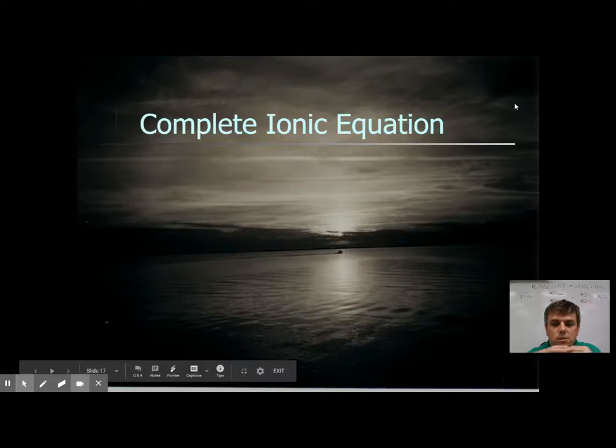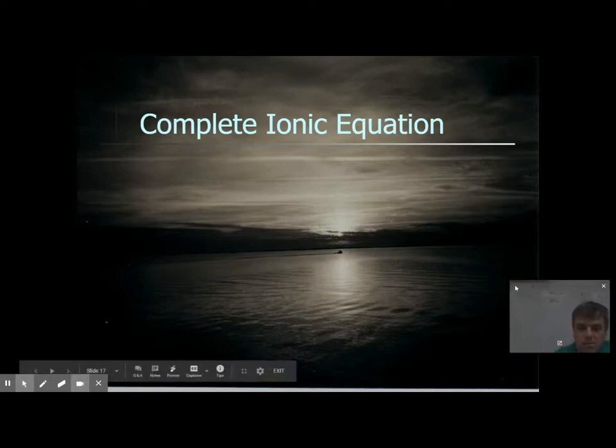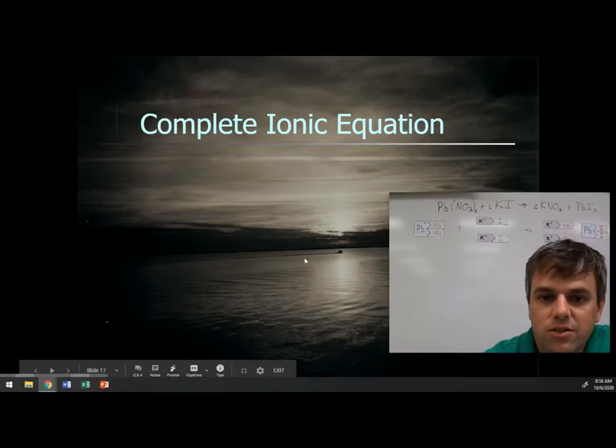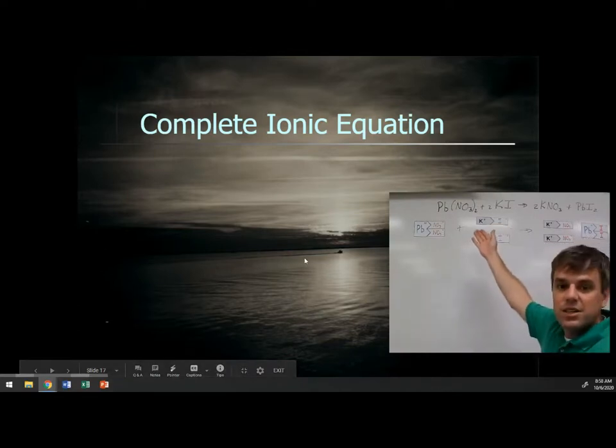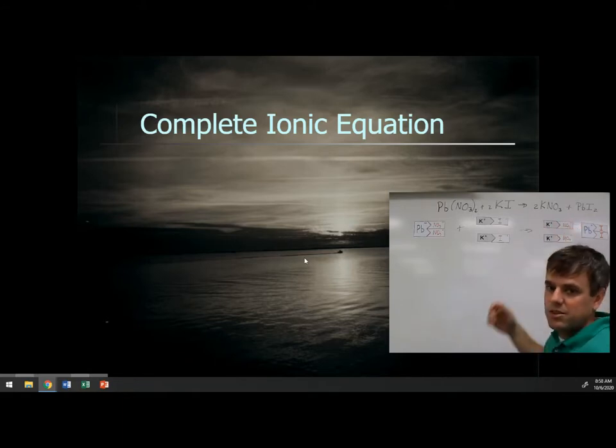Today, we're going to talk about net ionic equations. And in order to get there, we're going to talk about what's first called a complete ionic equation. So we're going to consider this reaction that's behind me on the board. It says lead(II) nitrate plus 2 potassium iodides make 2 potassium nitrates plus lead(II) iodide.